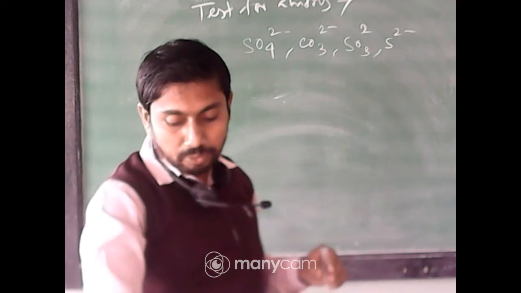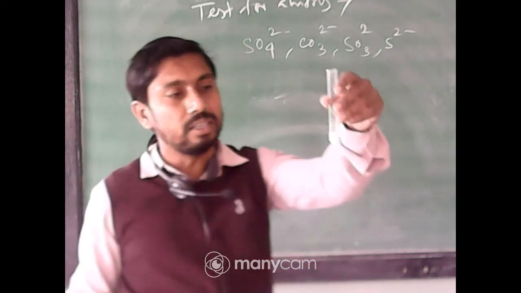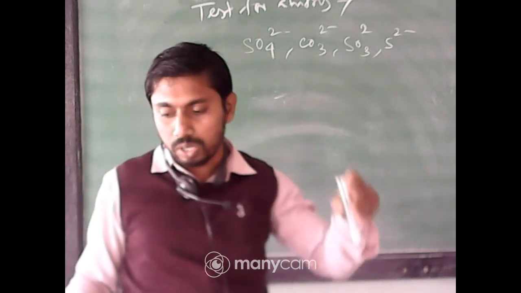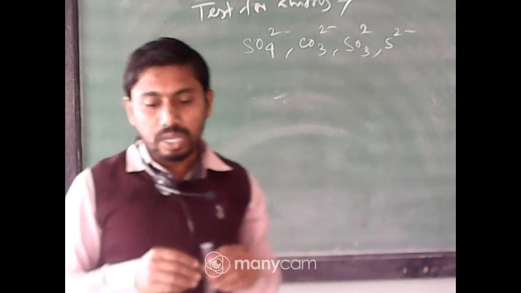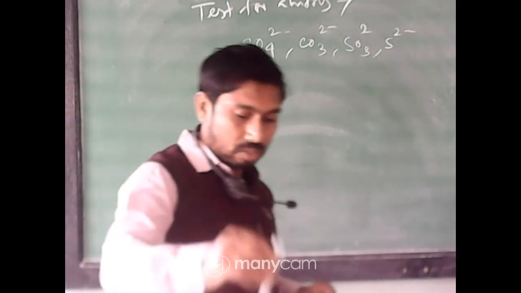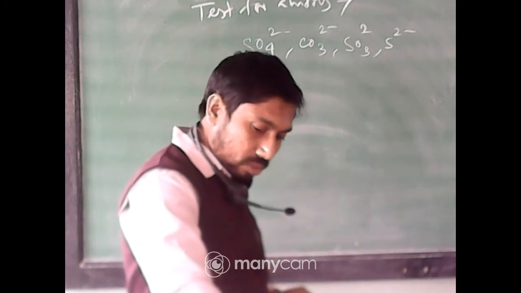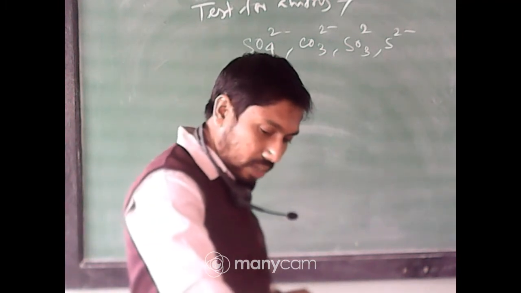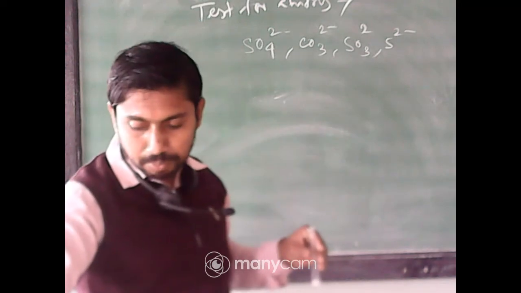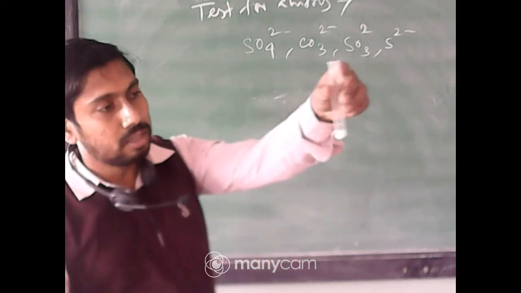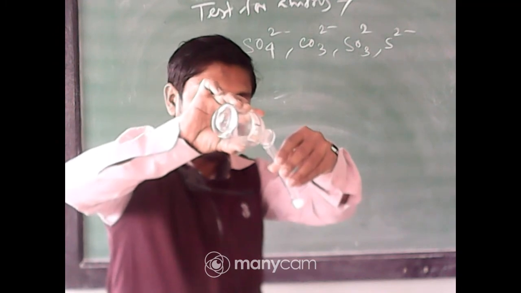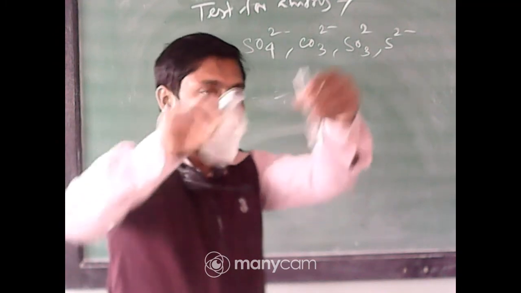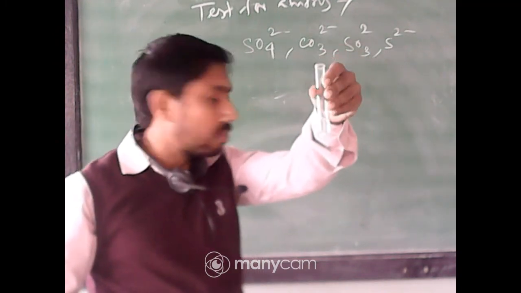Now, to confirm that it is the presence of chlorine, we have to dissolve it in ammonium hydroxide solution. Just checking, I am decreasing the volume of the precipitate, then checking it with ammonium hydroxide. What do you observe?